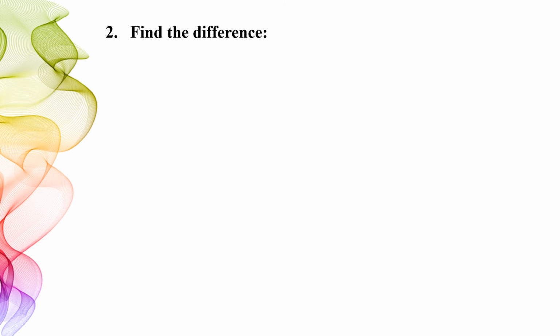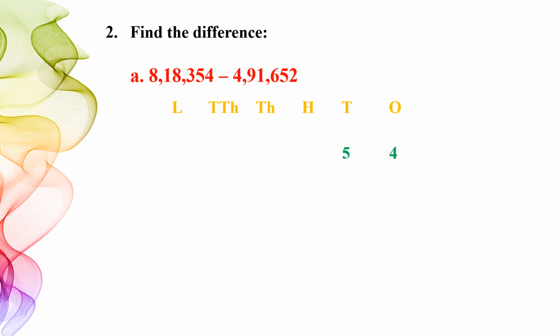Second question, find the difference. A. 8,18,354 minus 4,91,652. First, write the place values from ones to lakhs. The first number is 8,18,354. Under ones period, we have 4. Tens, we have 5.